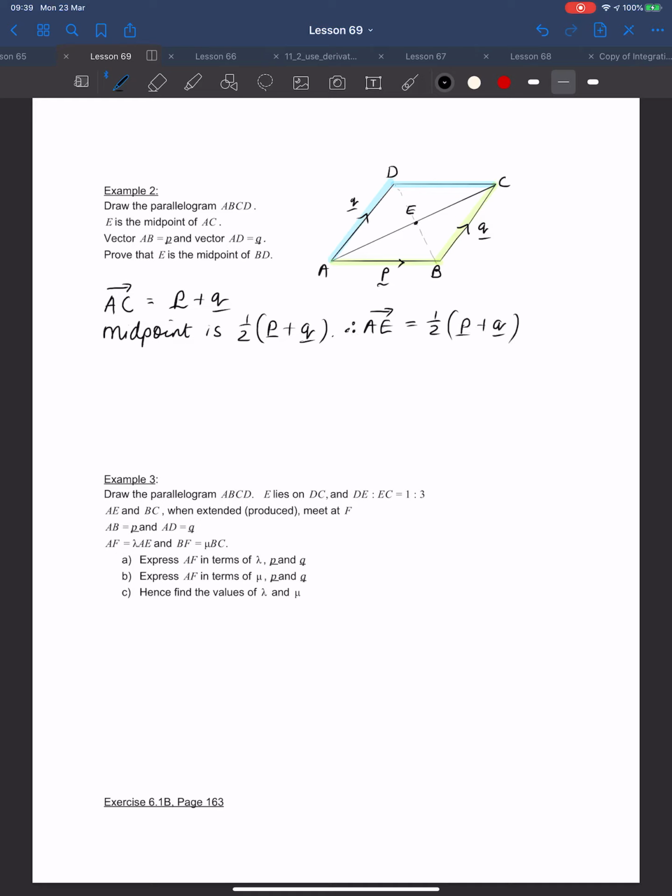Okay, the next thing we need to do is look at the midpoint of B to D. I'm going to rub out some of these lines because they're going to confuse us.